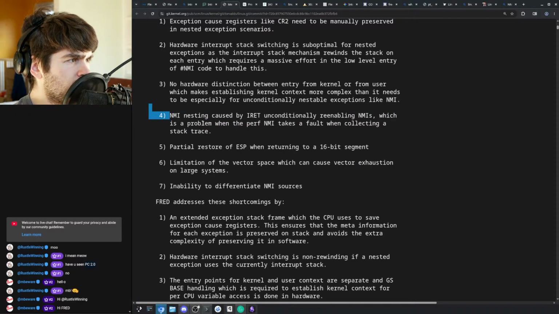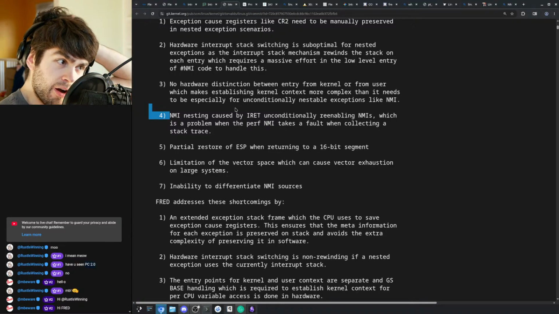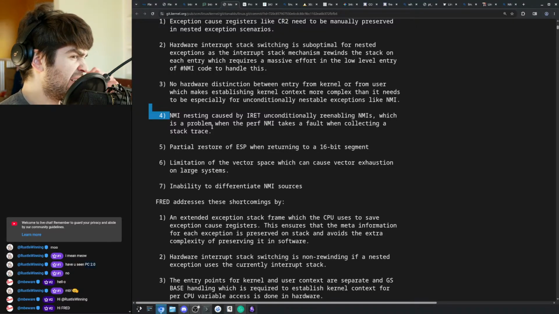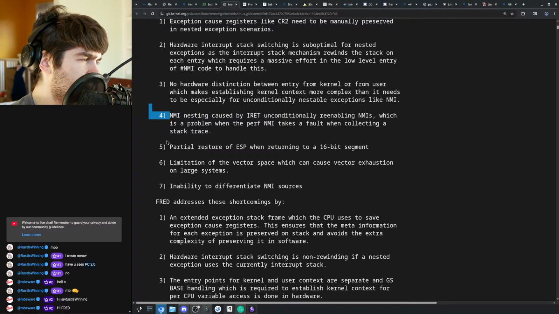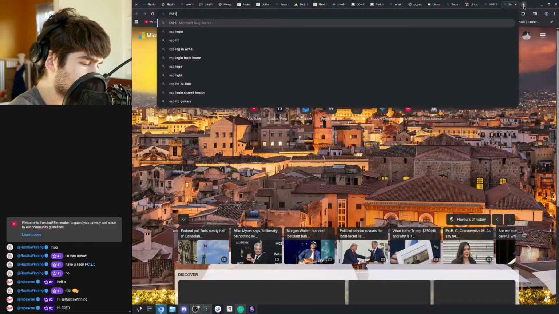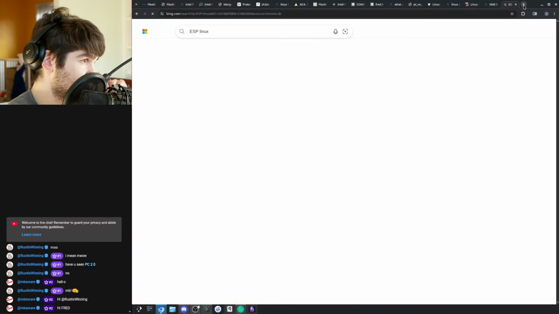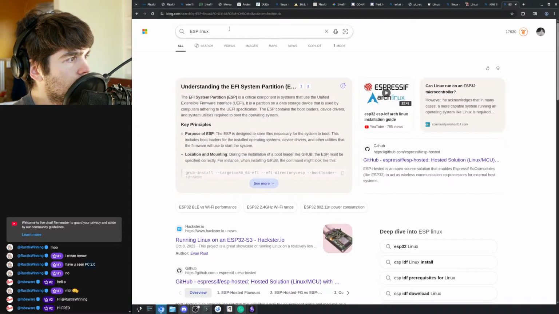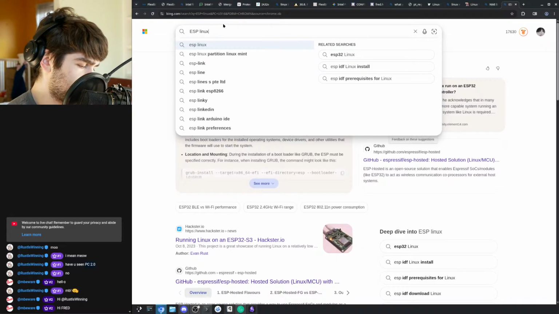Which is a problem when the perf NMI takes a fault while collecting a stack trace. That seems specific. Okay, partial restore of ESP when restoring to a 16-bit segment. What does ESP mean? That's definitely not it.